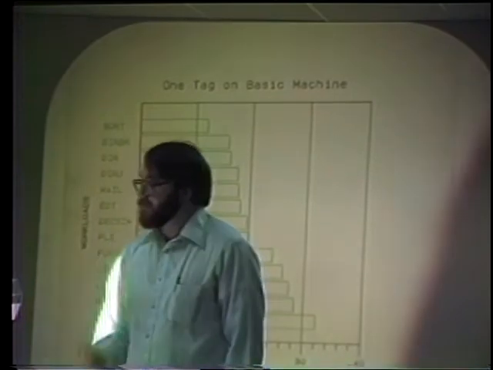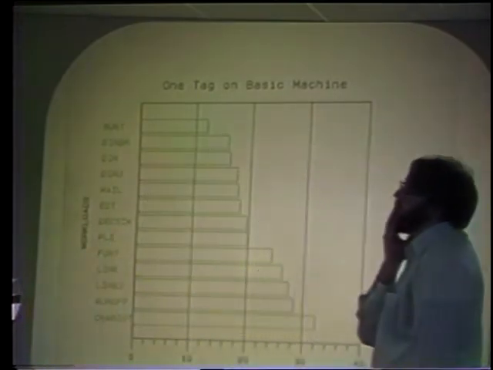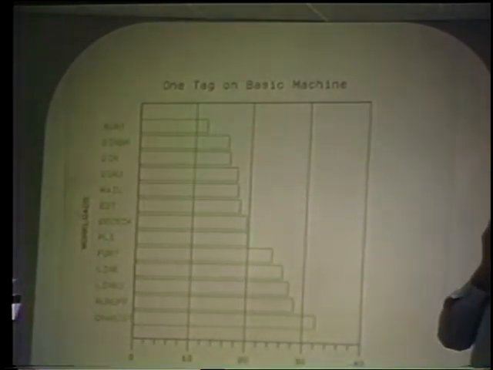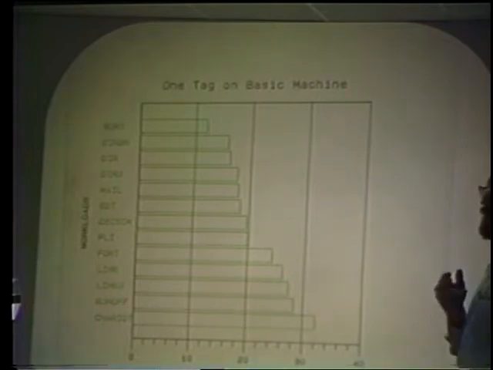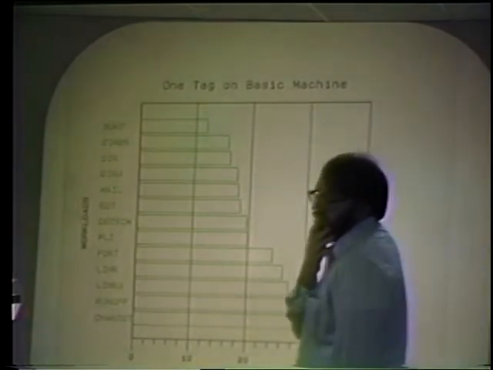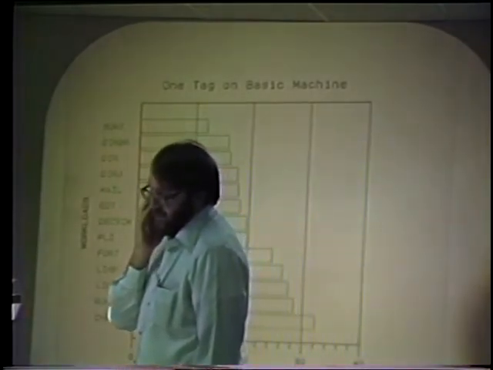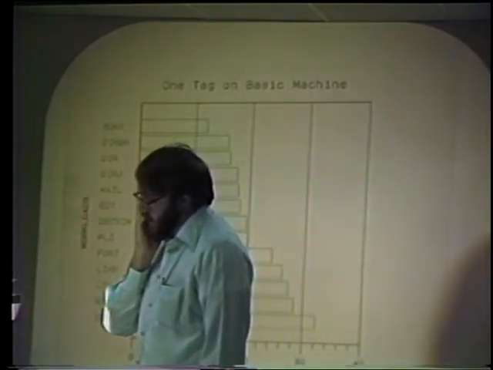So one tag means you're essentially not getting any benefit out of any of that pipeline stuff. Well, you are getting some benefit. You're getting overlap of specifier processing and operand processing, but you're not starting another instruction. So in fact, I think if you compute this in TPI, it is pretty much in the vicinity of 10 TPI, which I thought was curious.